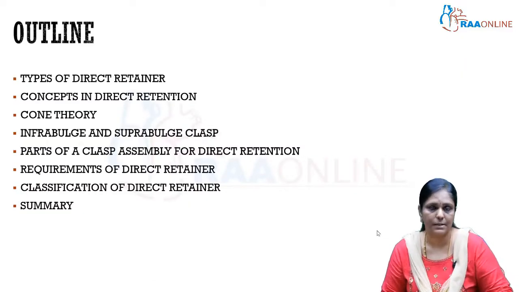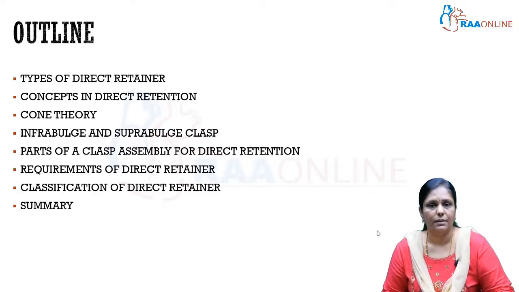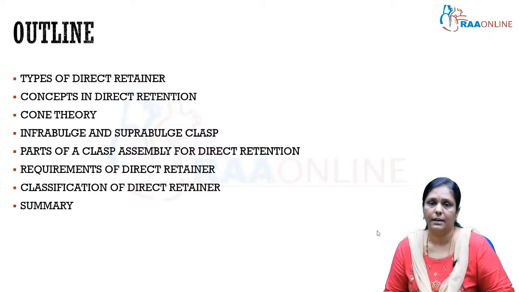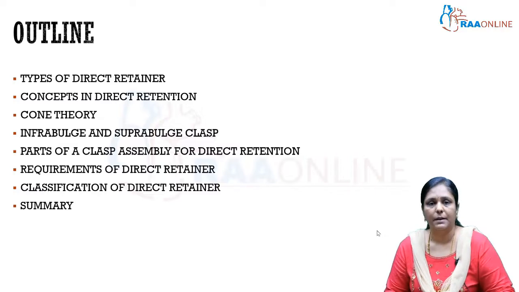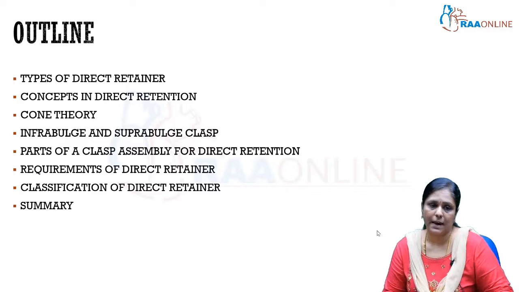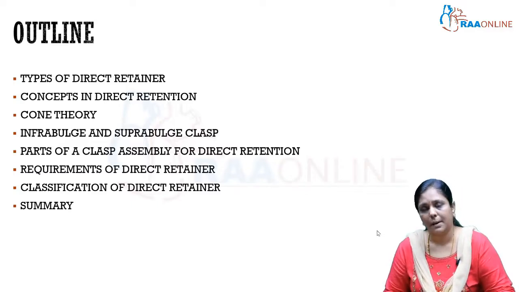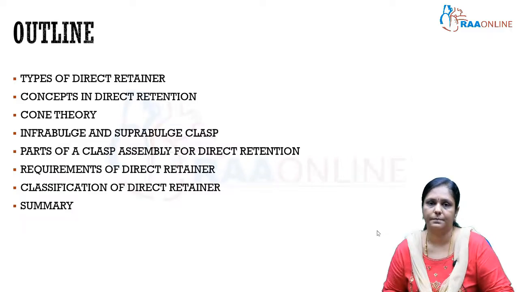The outline of this discussion will be on the types of direct retainers, concepts of direct retention, the cone theory based on which the design of the direct retainer is modified, and discussions on infrabulge and suprabulge clasps, parts of a clasp assembly for direct retention, requirements of a direct retainer, classification of direct retainers, and ending with the summary and frequently asked questions.